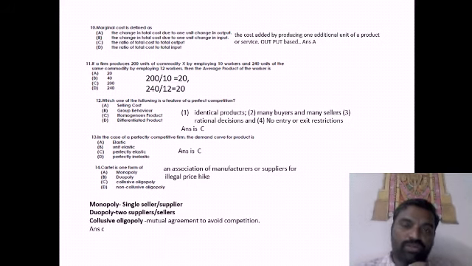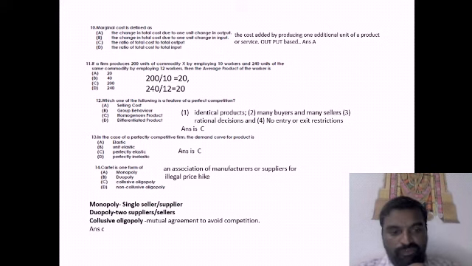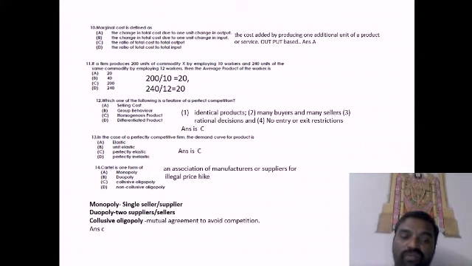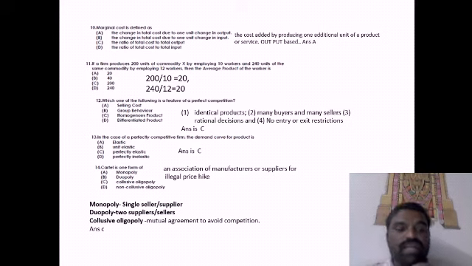First of all, we should know the different forms of competition. Monopoly: single seller or single supplier. Duopoly: two suppliers or sellers. Collusive oligopoly means with mutual agreement to avoid competition. So with the cartel, they are going to avoid competition. That is why it is called collusive oligopoly.